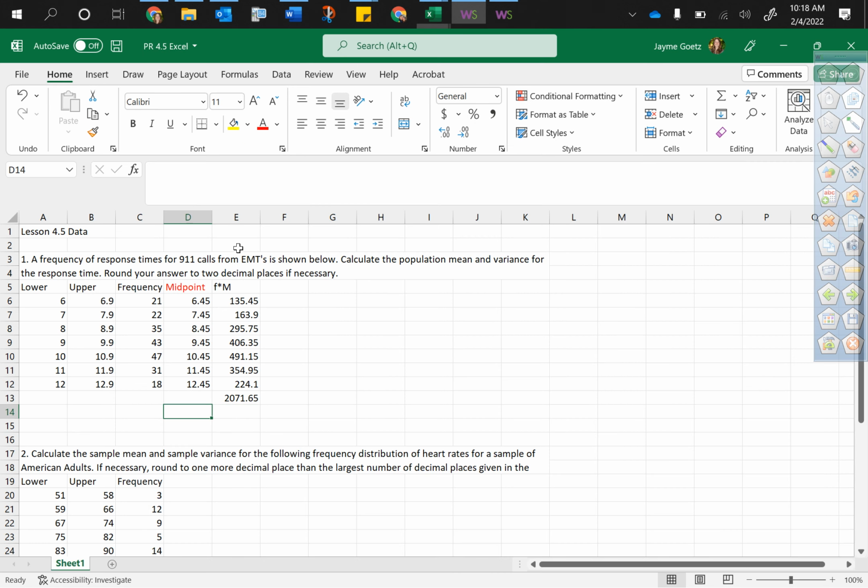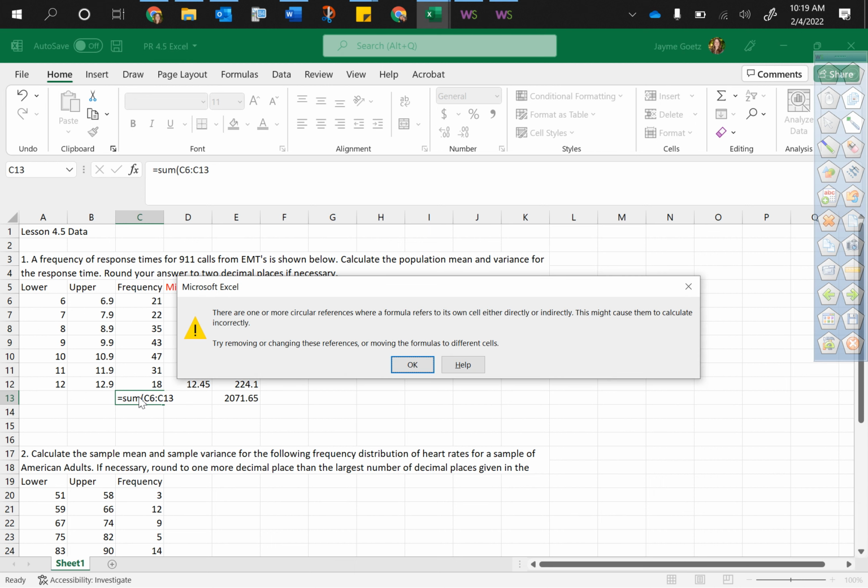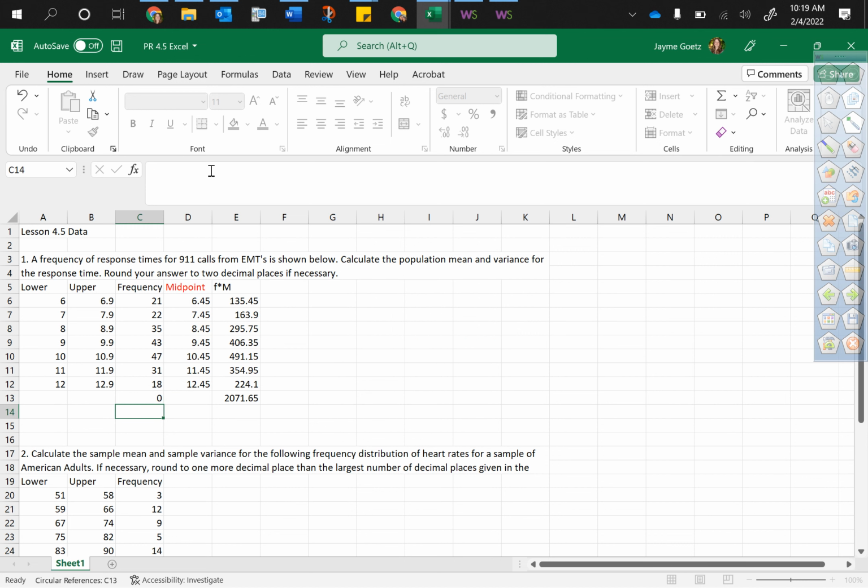So you're going to come over underneath the frequency and type in equals sum of, and you want all of the frequencies. I swear, if I don't stop highlighting cell 13 in there, I'm going to lose my mind today. So how many total calls did they collect data from? 217.